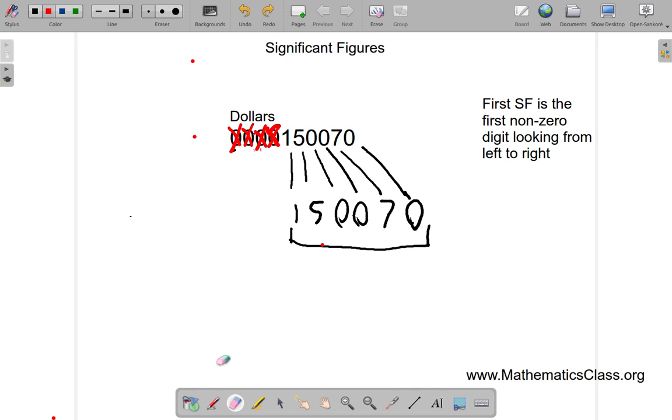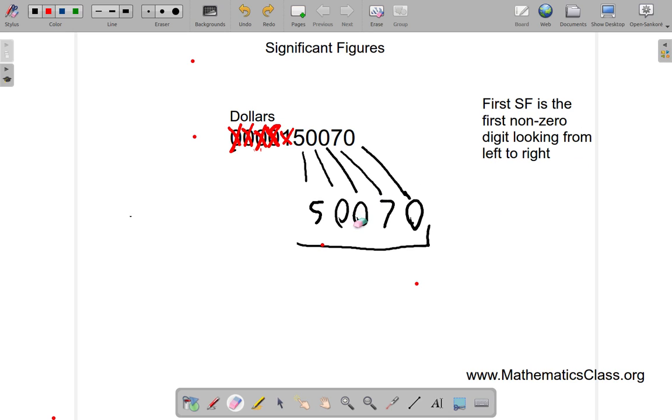Now let us see what happens with the 1. We were looking from left to right, and we saw 0 digit, 0 digit, 0 digit, 0 digit. This is now a non-zero digit. Let's see what would happen if we get rid of this. So we erase this digit. How much money do you have now?